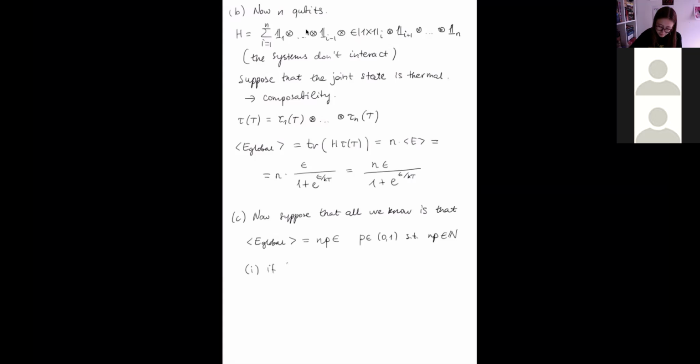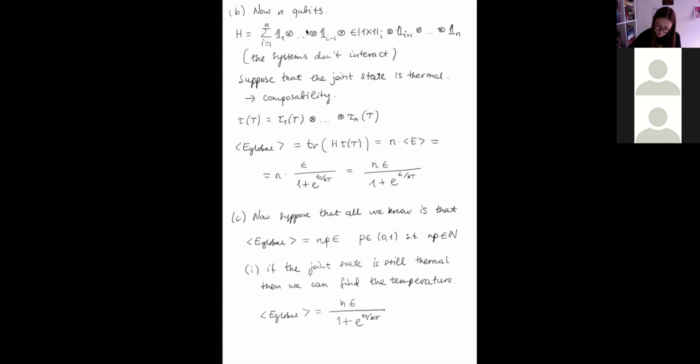So if the joint state is still thermal, then we can find the temperature just from knowing the average global energy. Why? Because we know that the global energy for the thermal state is n epsilon over 1 plus e to the power epsilon over kT.